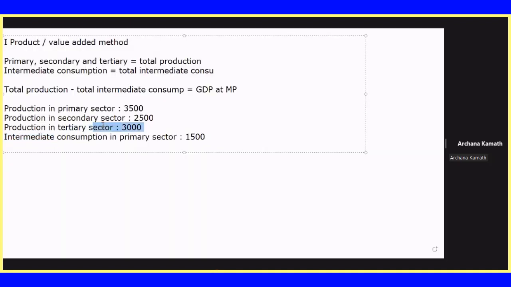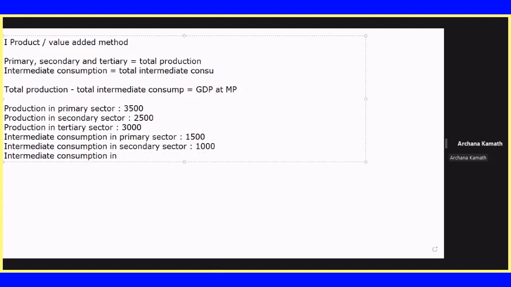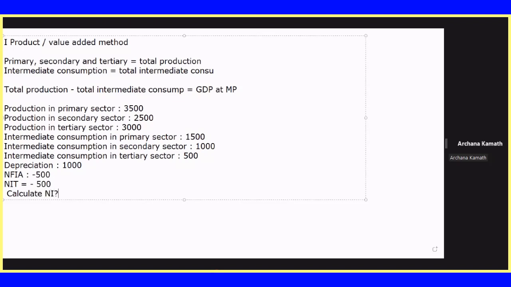Intermediate consumption of individual sectors. National income is to be calculated.